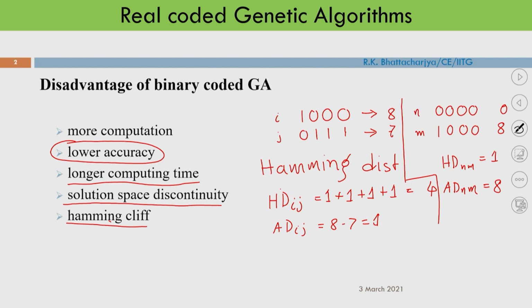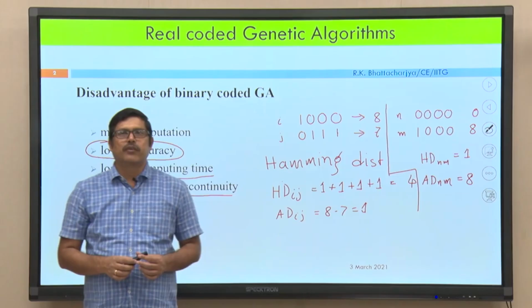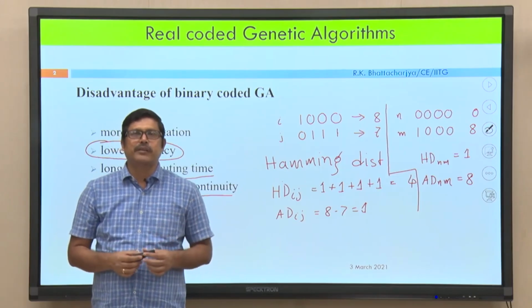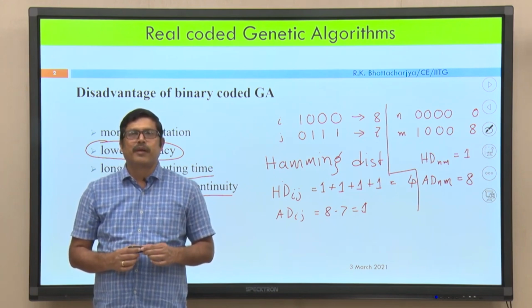In this case, sometimes you need to alter more than one bit in order to get a nearby solution. This problem is associated with the binary conversion, so you can also say that this is a disadvantage of binary coded GA. These are some of the disadvantages of binary coded GA.